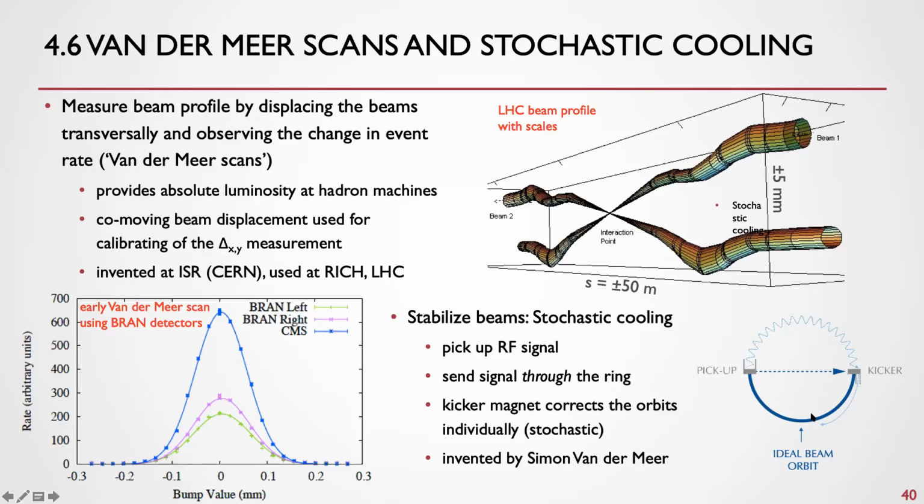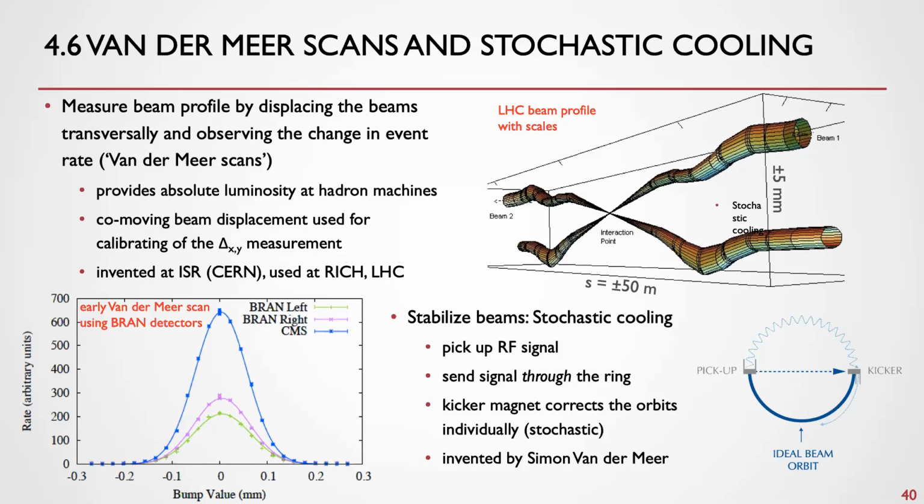I mean, the diameter is 27 kilometers, and then a kicker magnet is precisely adjusted to compensate for this oscillation, and then I hope you can see the mouse cursor, and then this movement is cooled and the bunch follows the ideal orbit.